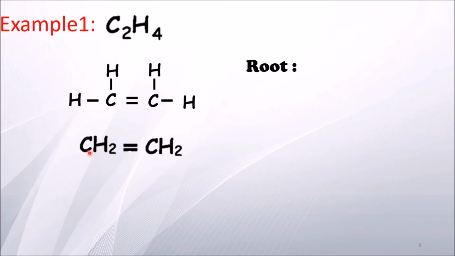So here we have 1, 2. We have 2 carbon atoms, so the root word we'll be using will be eth. Now, the suffix is ene because it's an alkene. See that there is a double bond. It's an alkene, so the suffix is ene.